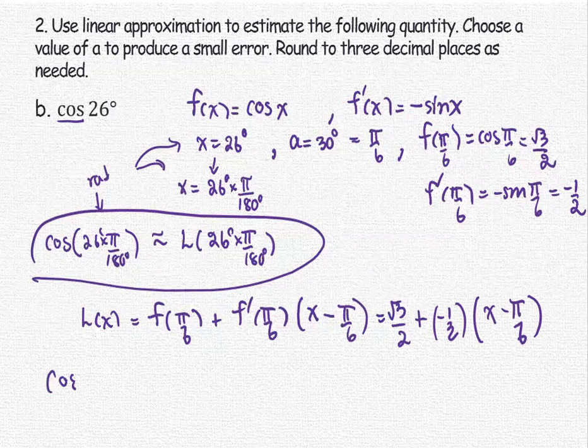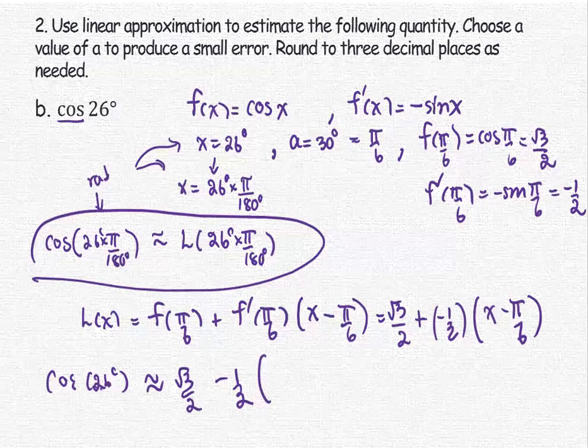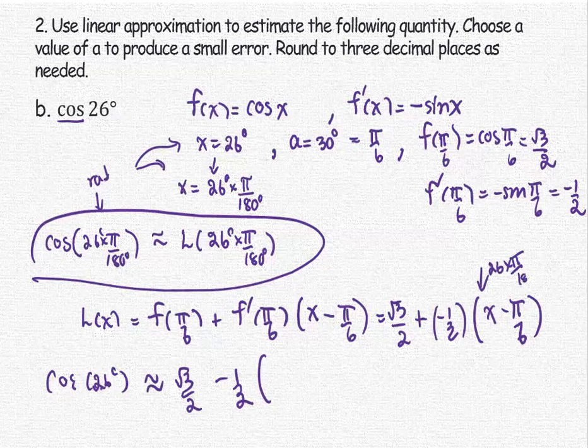So the cosine of 26 degrees is approximately equal to square root 3 over 2 minus 1/2, times x, where x is 26 times pi over 180, so we put it in radian form. So 26 pi over 180 minus pi over 6, and that should come out as the approximate value of cosine 26.